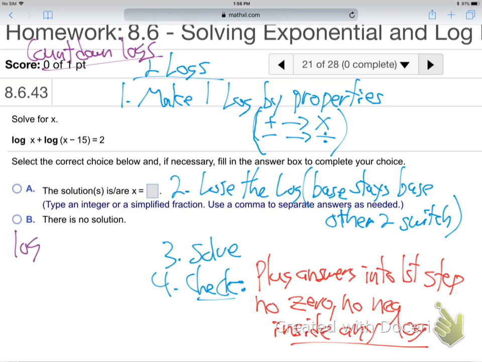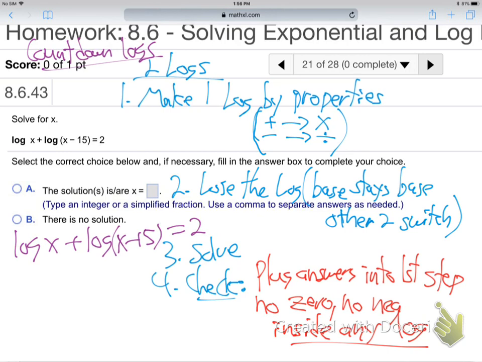So here we have log x plus log x minus 15 equals 2. Notice on the first line we have 2 logs. So hopefully on the test this helps key your memory. You go, okay, 2 logs, count them down. So next line there should only be 1 log.